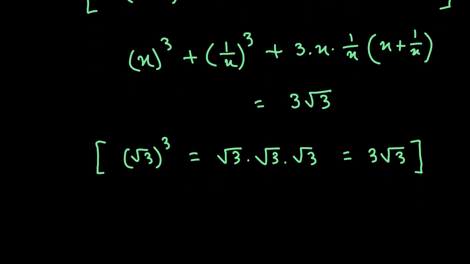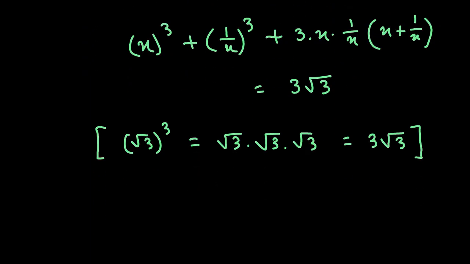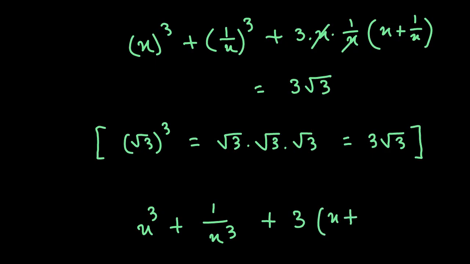So now we have x cube plus 1 by x cube plus, we can cross x with this x and we can write 3 times x plus 1 by x equals 3 square root of 3.